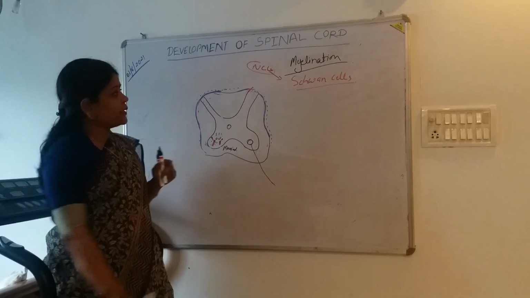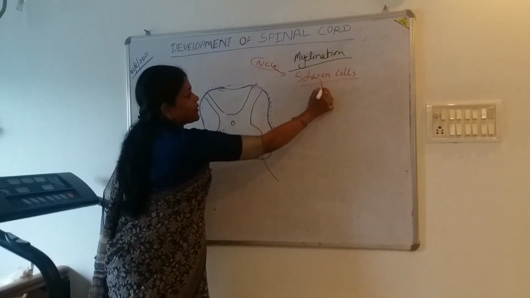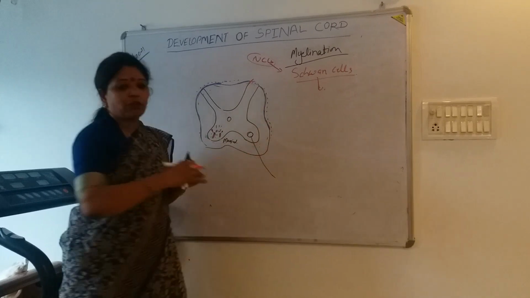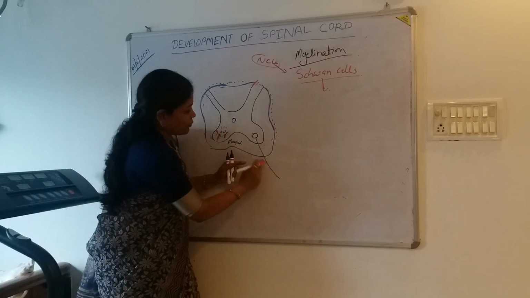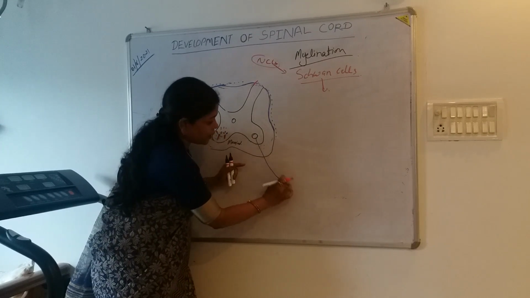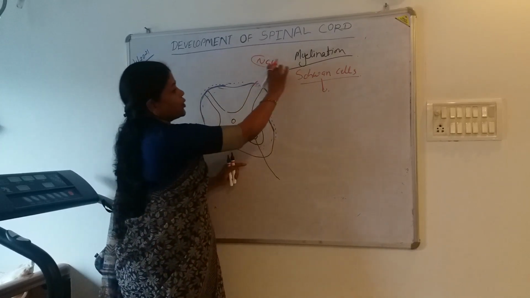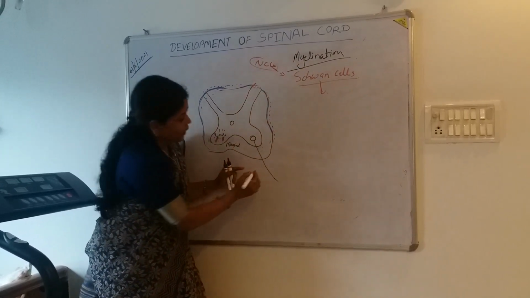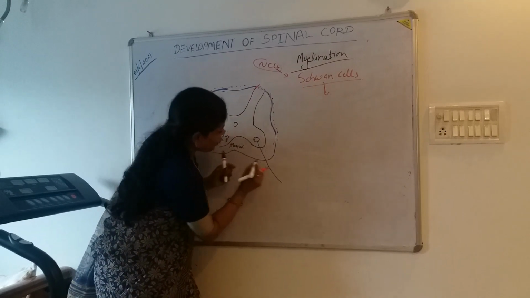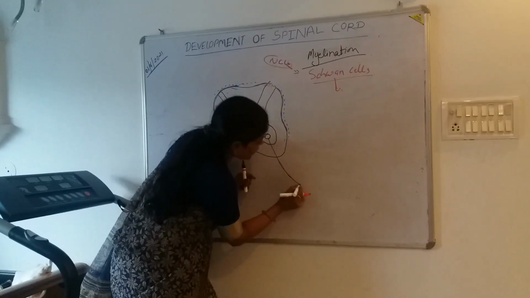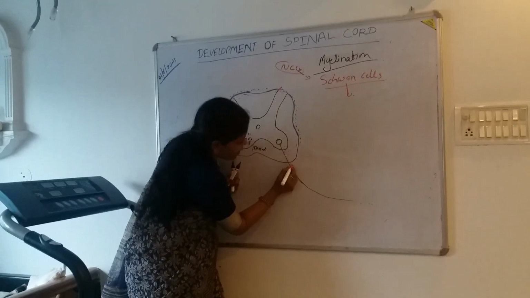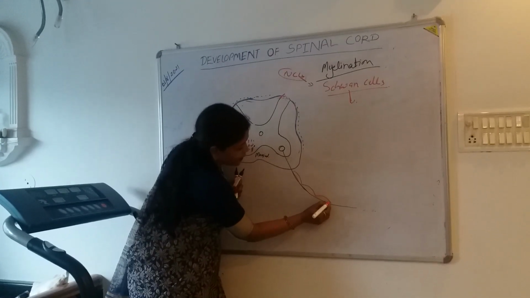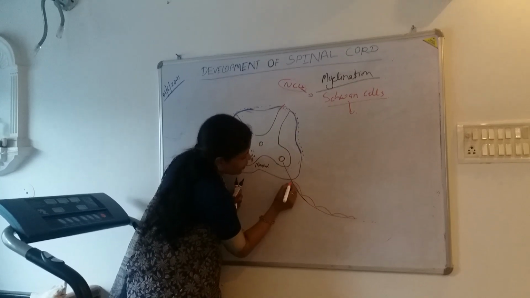Please keep in mind, the Schwann cells are responsible for the myelination of which part of the axon? The part of the axon which is coming outside by the roots, ventral as well as dorsal root. This part of the axon will get myelinated by the Schwann cells.